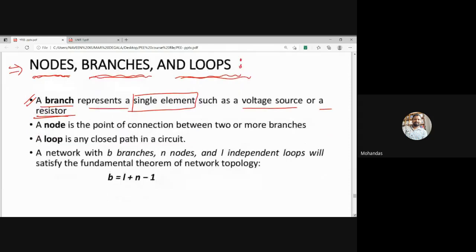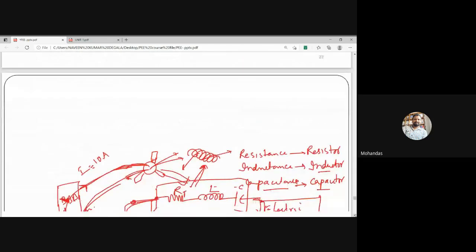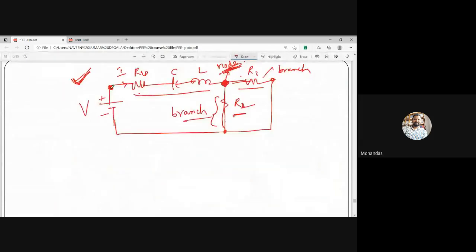So if you see this particular example, hope you are understanding here. This element is a voltage source, but in the circuit it is known as a what? Branch. Okay, and this R4 is also a branch. V is one branch.